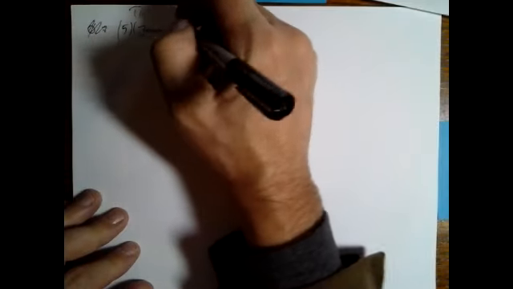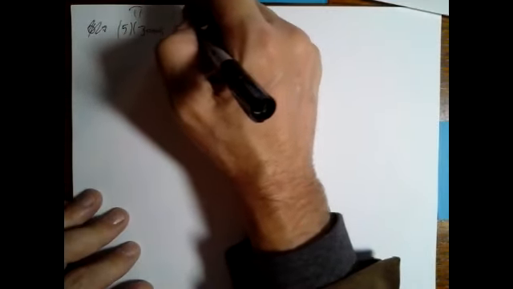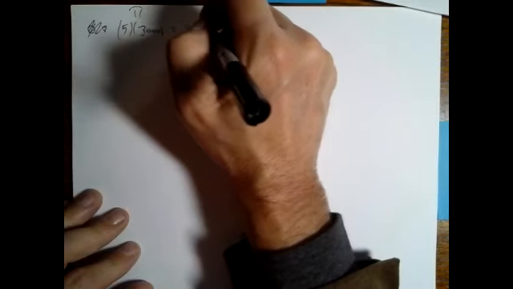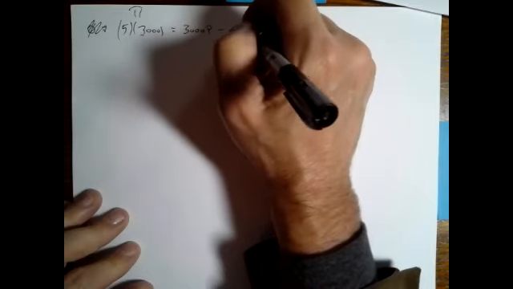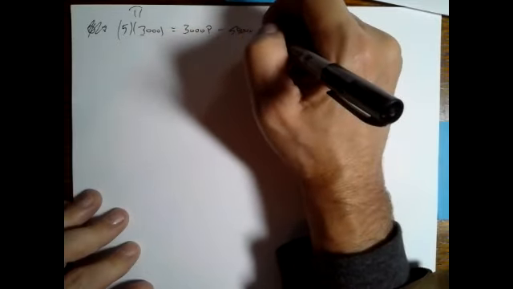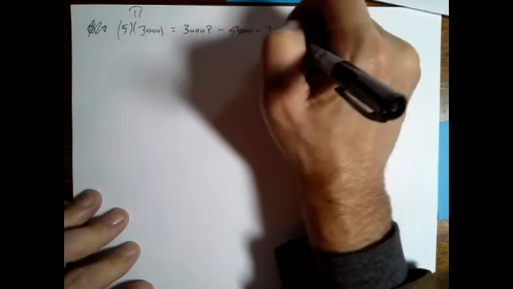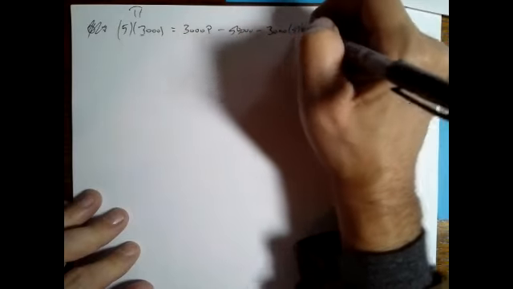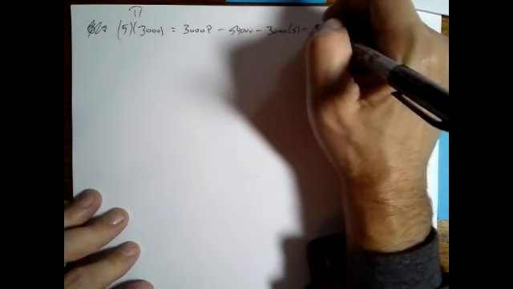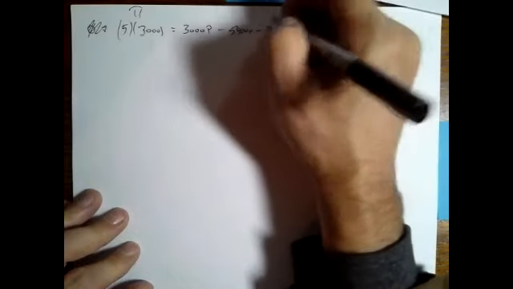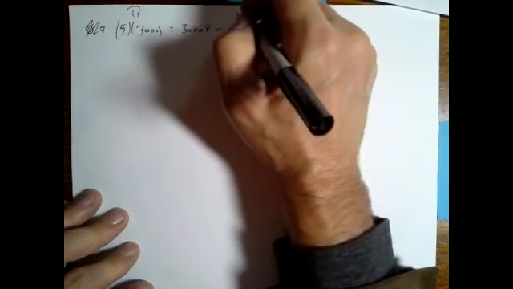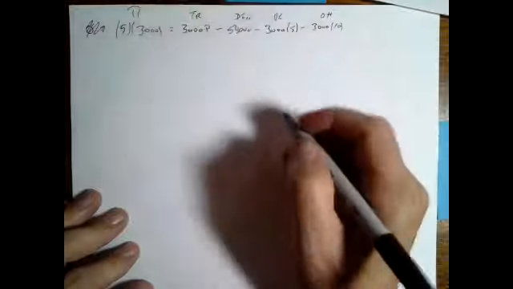And then our total revenue is going to be 3,000 visits times some unknown price, minus our 50,000 in direct costs, minus 3,000 times 5 in variable costs, minus 3,000 times 10 in overhead. So this is our variable, this is our direct fixed, and this is our overhead. This is our total revenue.